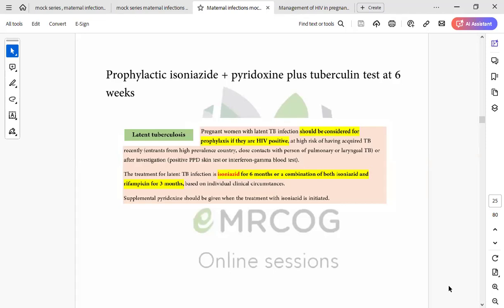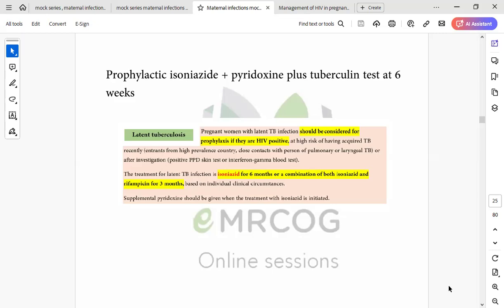So in this case, the treatment would be isoniazid for 6 months plus pyridoxine. We give the pyridoxine for neurological protection. Any woman who is going to take isoniazid is going to take pyridoxine.